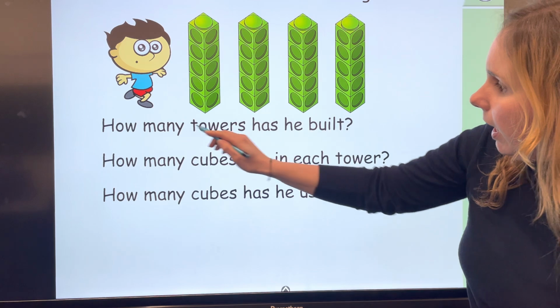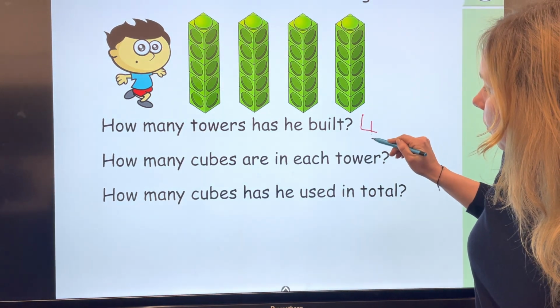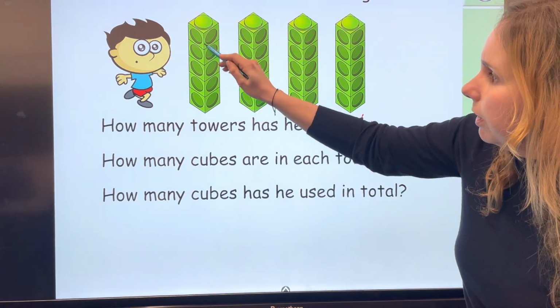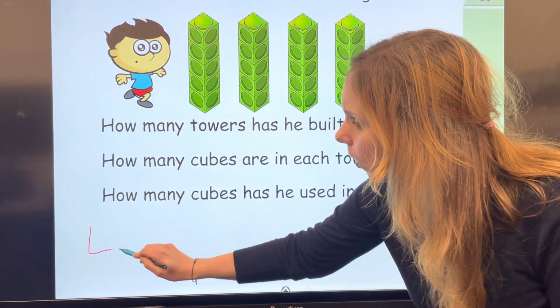Let's have a look. So I know he has built 1, 2, 3, 4 towers. In each one he has 1, 2, 3, 4, 5 cubes. So my multiplication, I know I have 4.